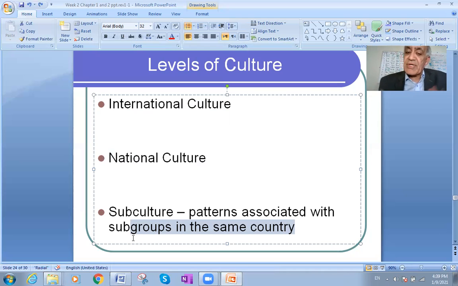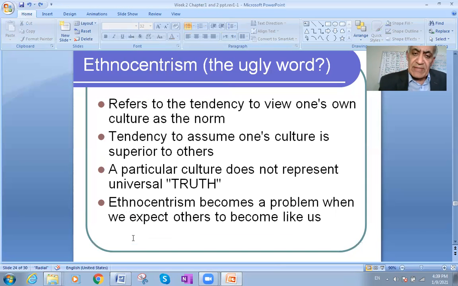Those are subgroups, and each of them has its own unique culture. This is why we say we also have subcultures within the culture itself.